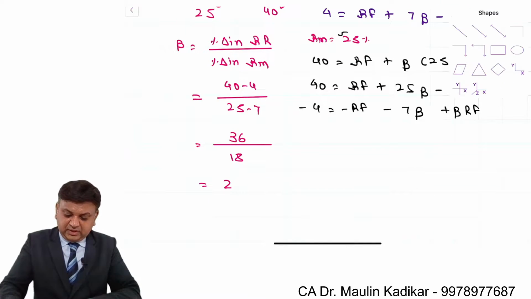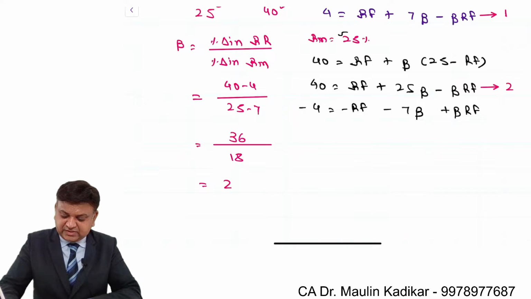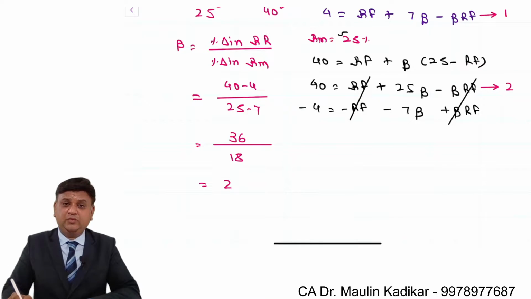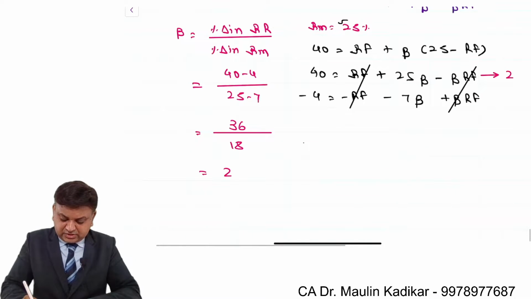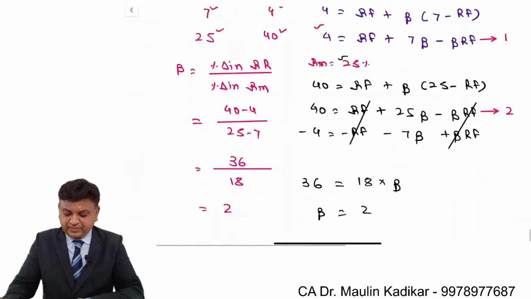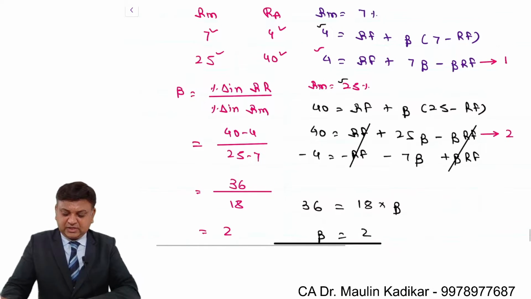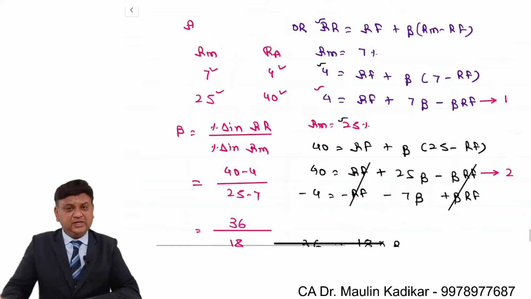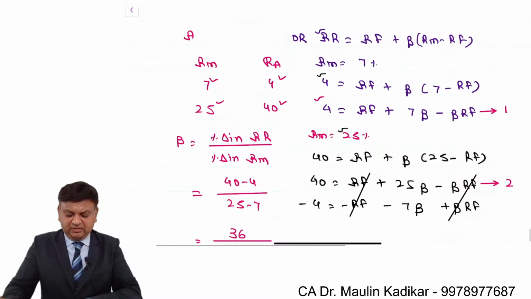Beta RF is getting cancelled, RF is getting cancelled. 40 minus 4 comes to 36, and 25 minus 7 is 18 into beta. So beta is equal to 36 upon 18, that is 2. This is also a way to compute the beta, which is of course acceptable in examination.